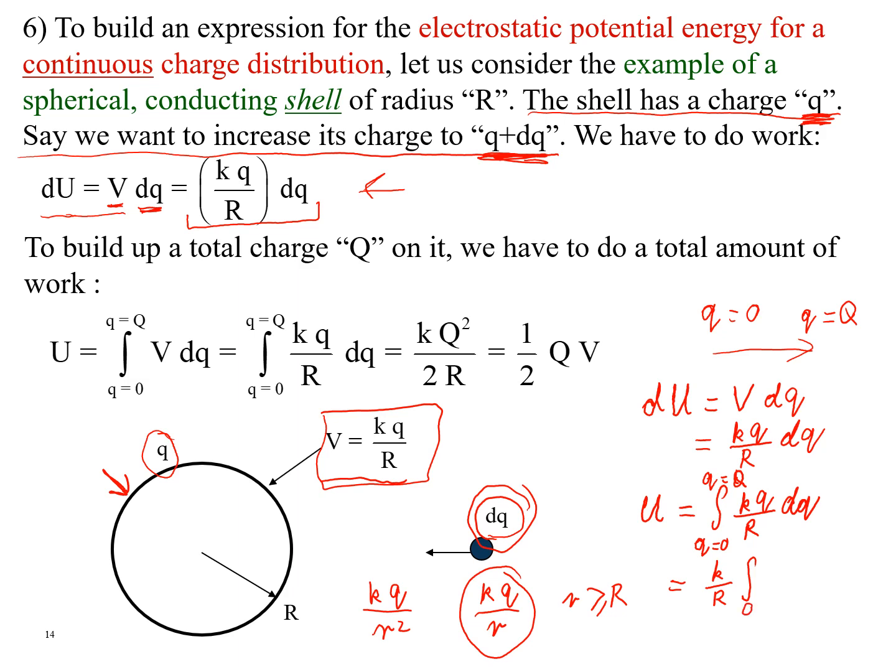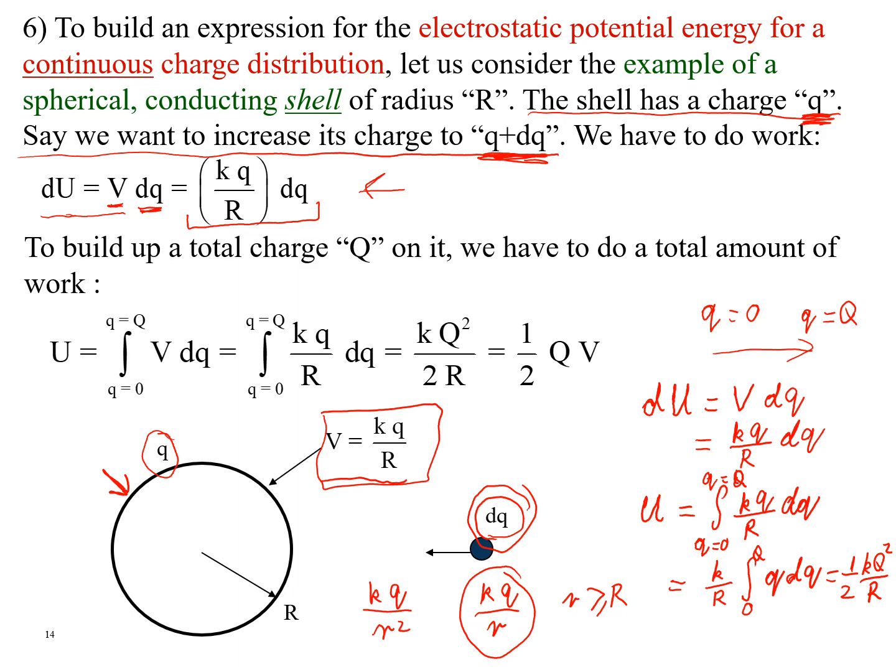And now we're going from 0 to big Q of q times dq. This integration is simply of the form x times dx, and its integration is x squared over 2. So we can essentially write this answer as being equal to half of k times Q squared over big R.